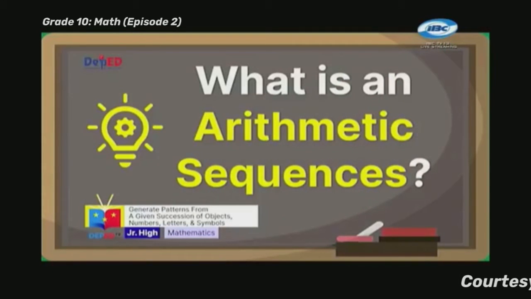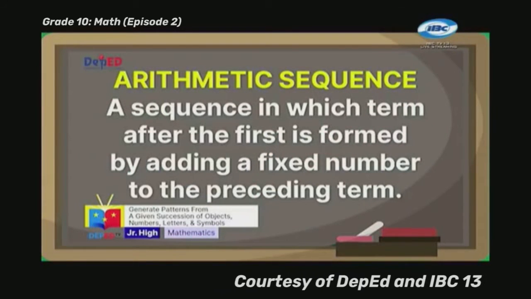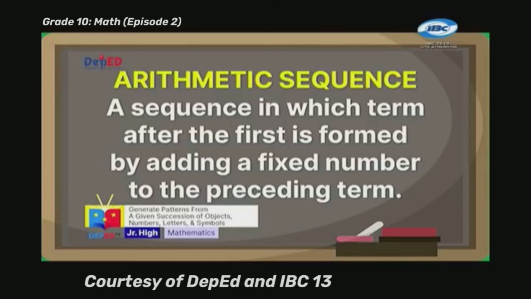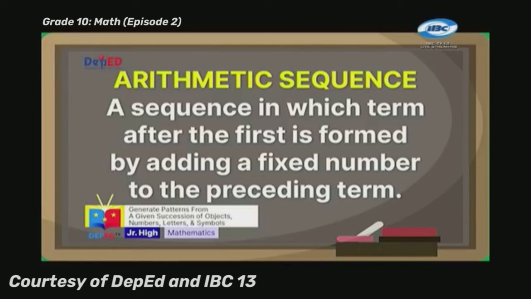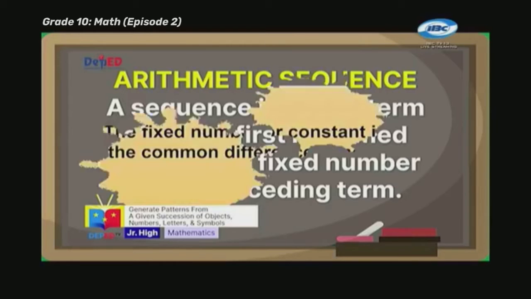So what exactly arithmetic sequences are? A sequence in which term after the first is formed by adding a fixed number to the preceding term is called arithmetic sequence.